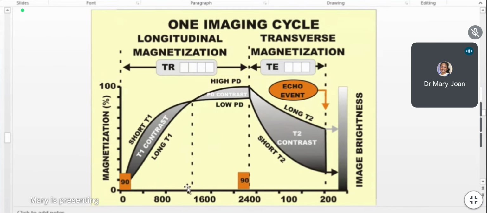If it is happening between this, it is only T1. If it is happening between this, then it is PD. If it is happening between this, it is long T2. But this all comprises the one imaging cycle.